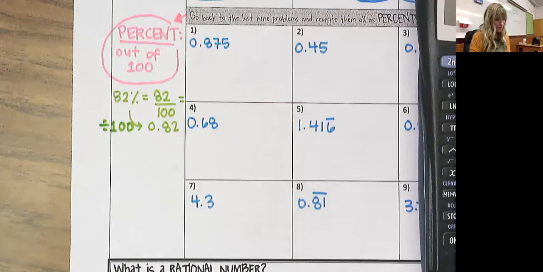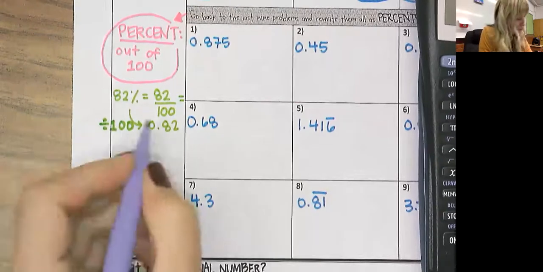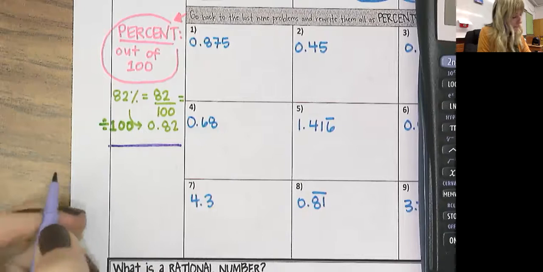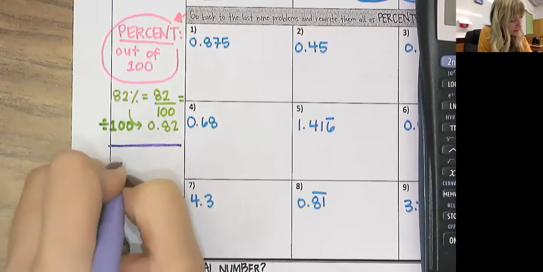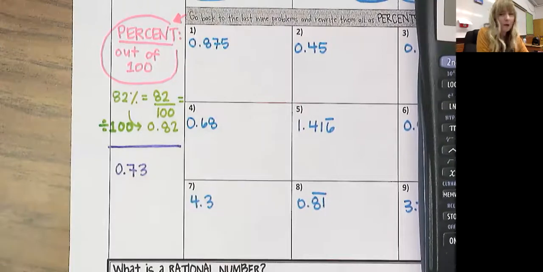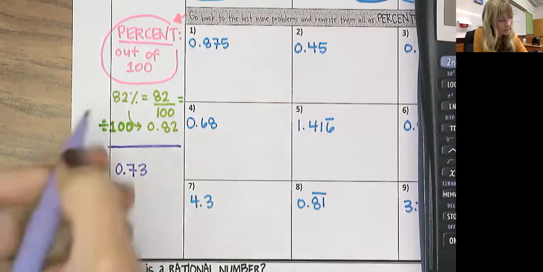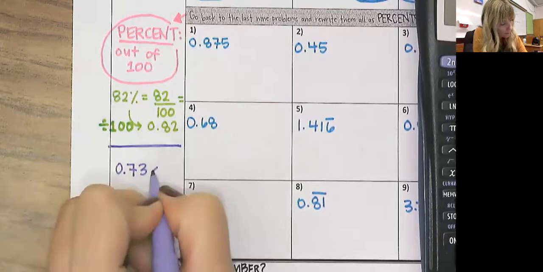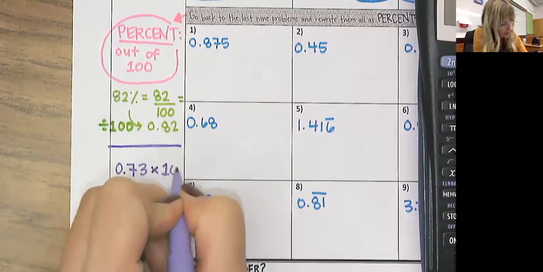Well, notice all of these are going the other direction. What I want to do right now is turn a decimal into a percent. So if I was going back the other way, if I had, say, 0.73, and I wanted to turn it back into a percent, guess what I would do? Instead of dividing by 100, I'm going to times by 100.